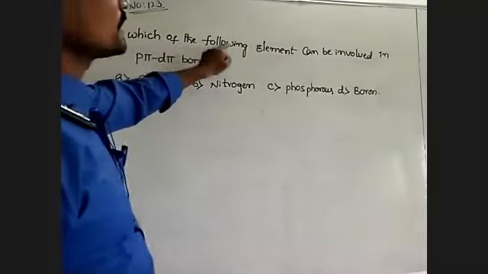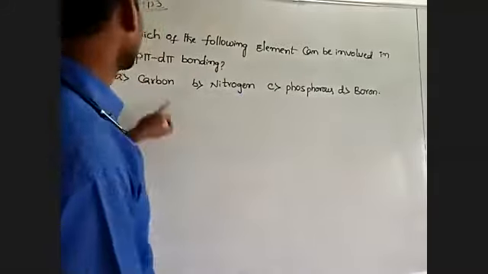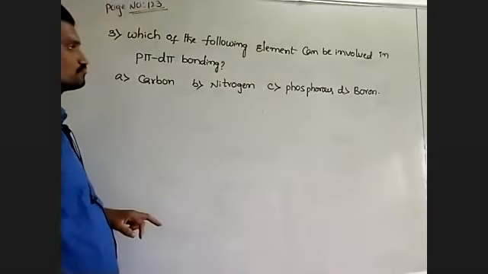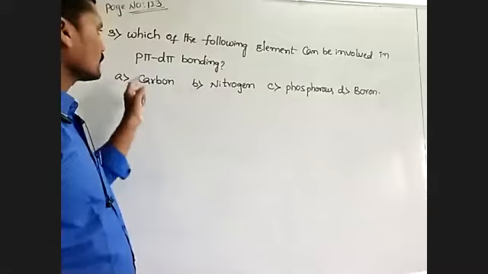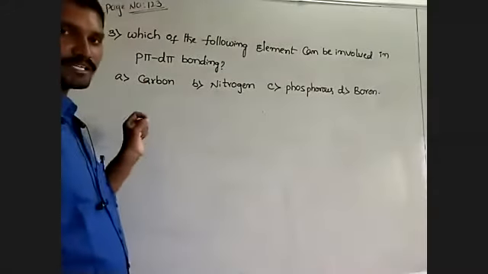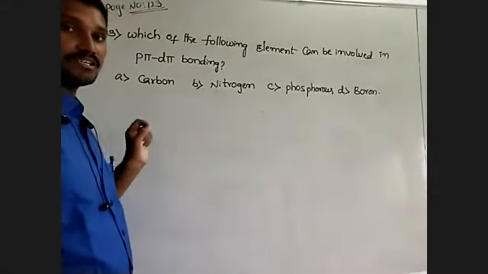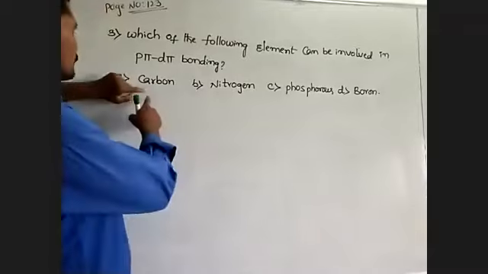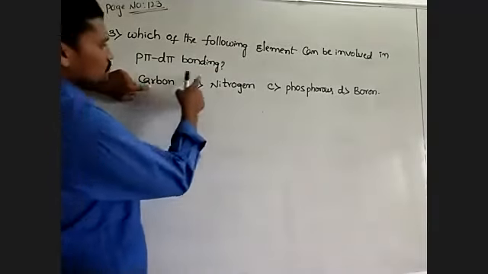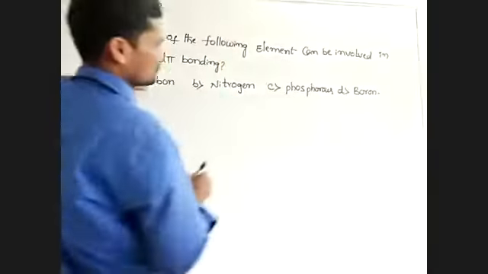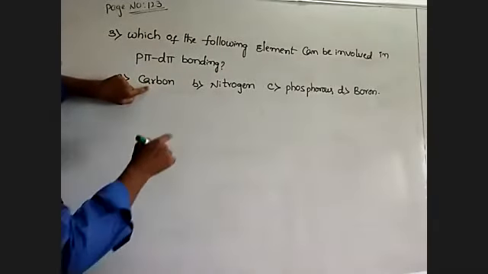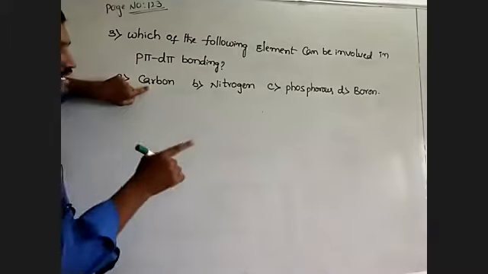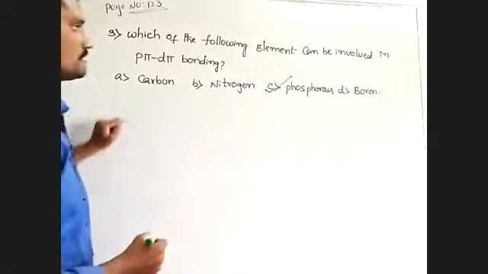Which of the following elements can be involved in p pi d pi bonding? So the element which is involved in p pi d pi bonding must contain a d orbital. So for suppose here, carbon, nitrogen, boron, these do not have a d orbital. Only phosphorus has a d orbital. So that is the option here.